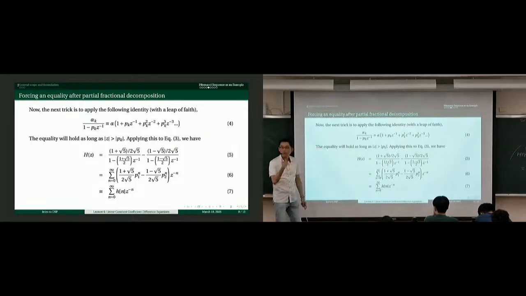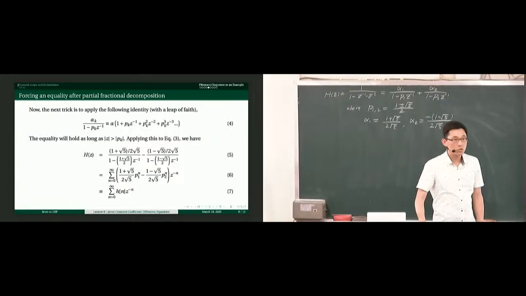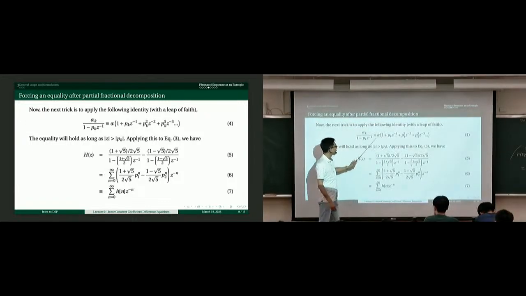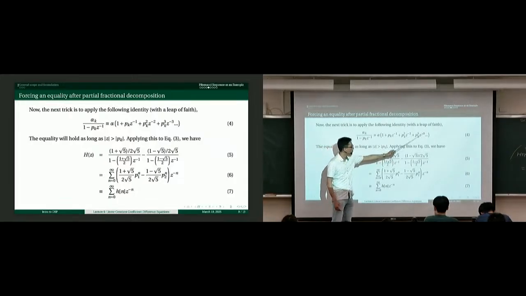This is the opposite, the reverse way of summing a geometric sequence, right? If you look on the right, alpha is simply a constant. But inside the parentheses, we have a geometric series: p z inverse, p squared z to the minus 2, p cubed z to the minus 3, right?